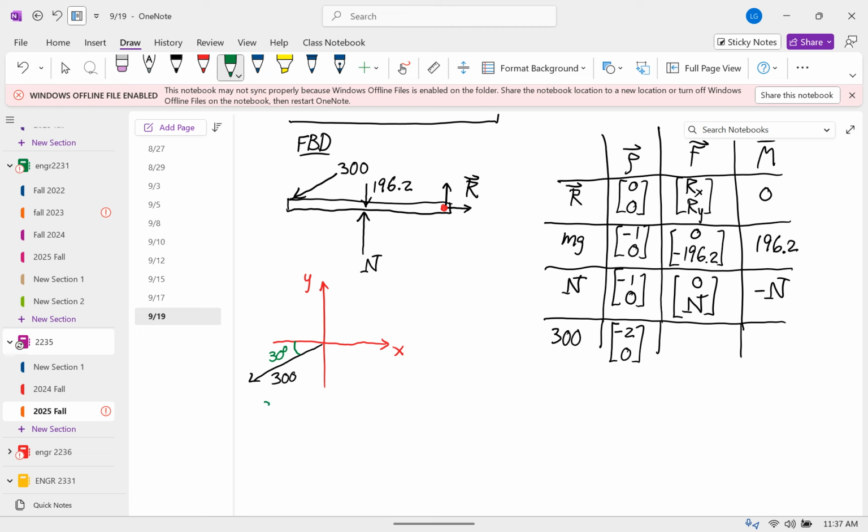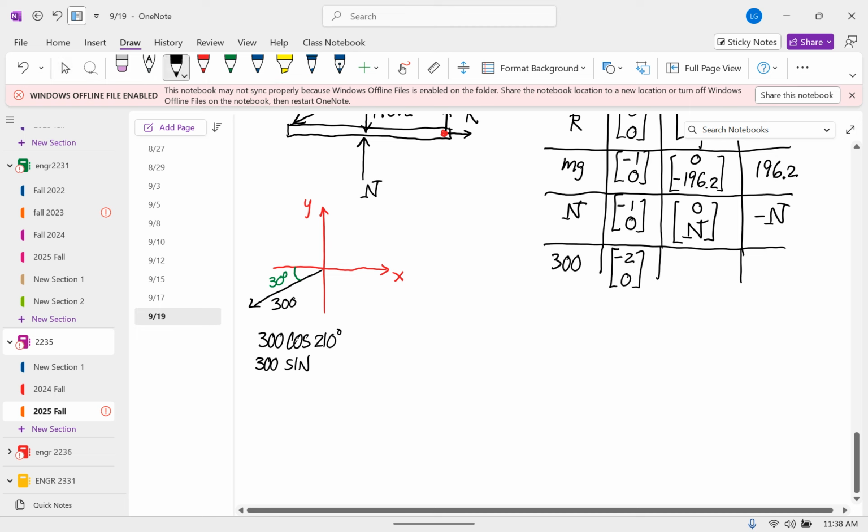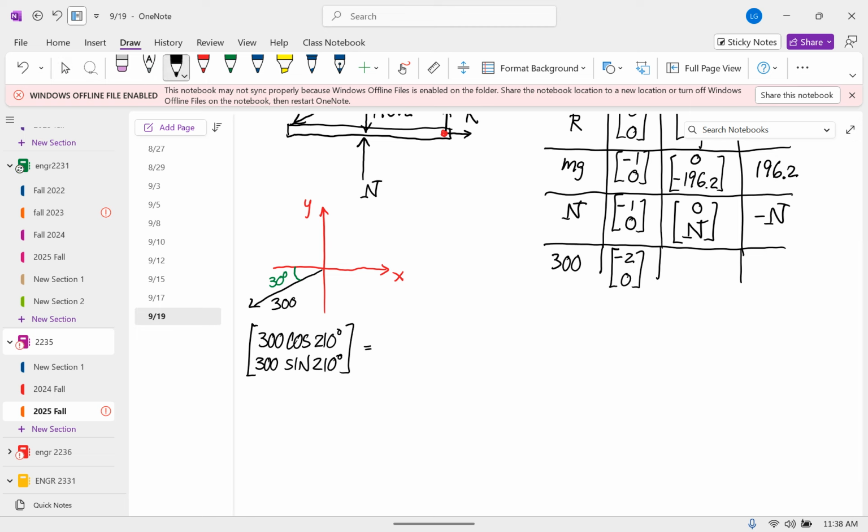So this is going to be 300 times cosine and sine of 210.